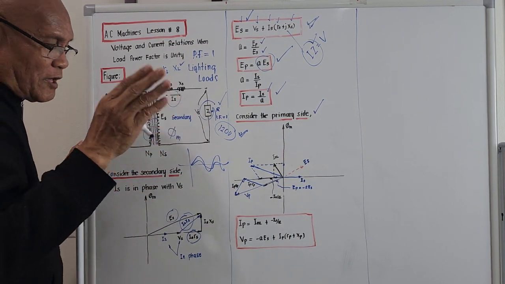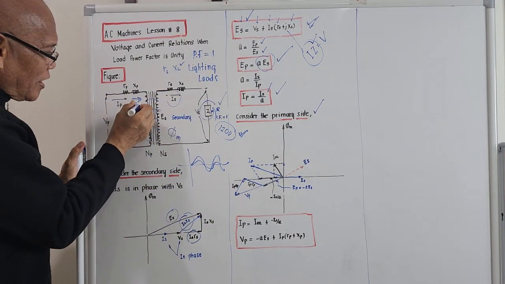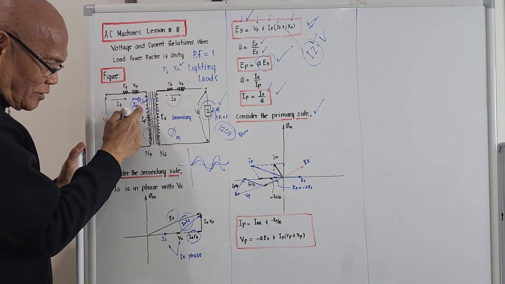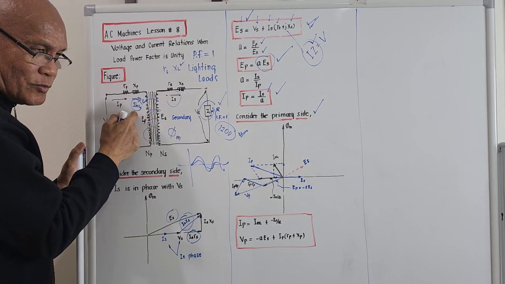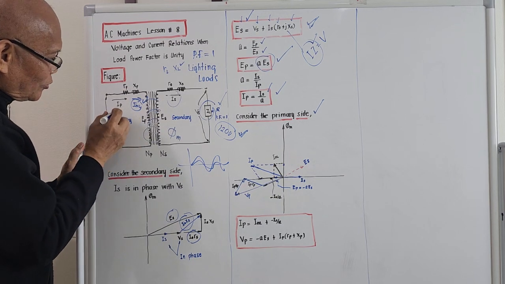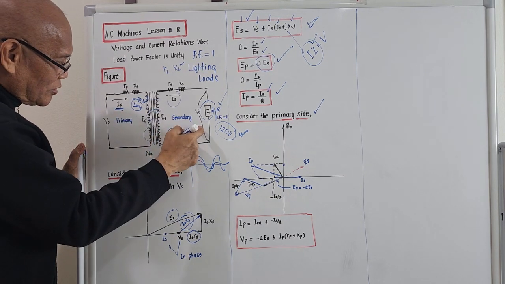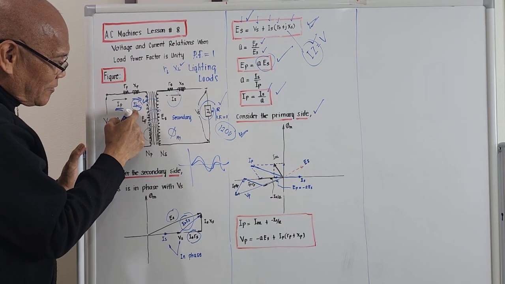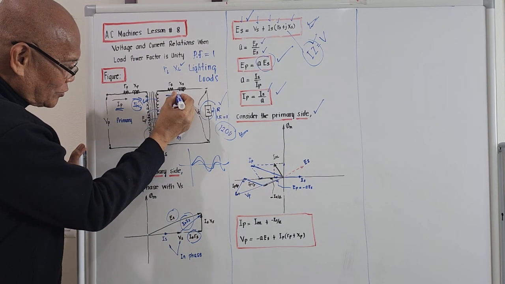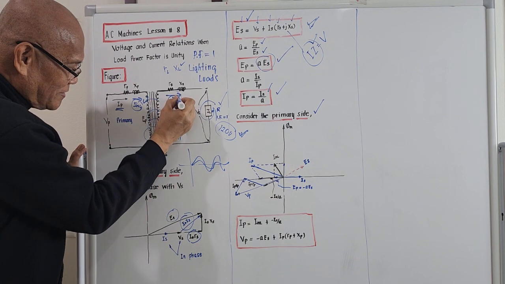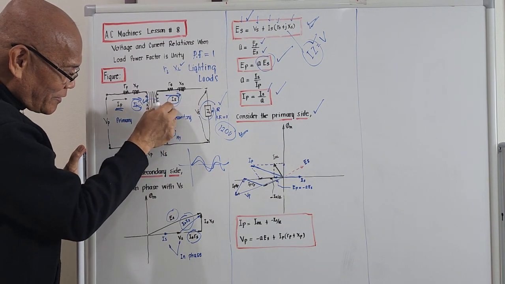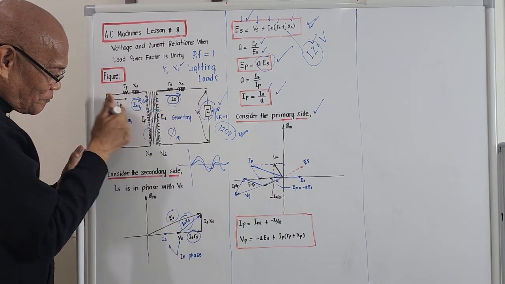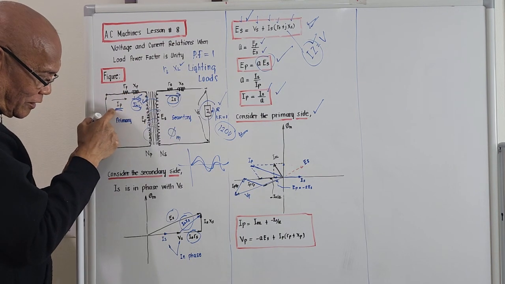But if there is a load, this I no load still exists. Whether we like it or not, there should be a value here. So the total primary current, when there is a load, should be the no load current plus the current due to the load, which is IS. So we will add IS, referred to the primary side, plus this. That will be the total primary current.